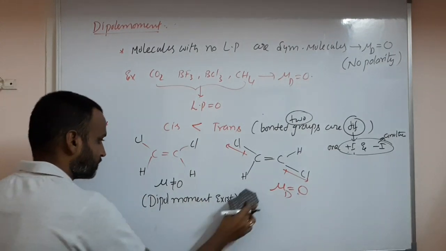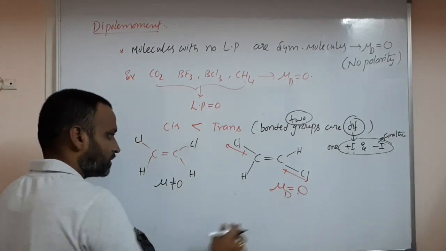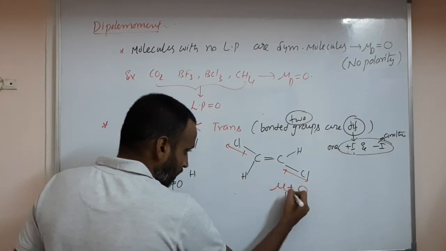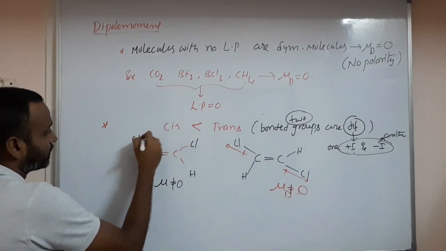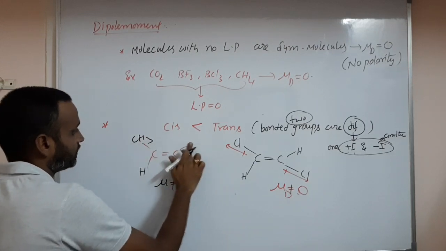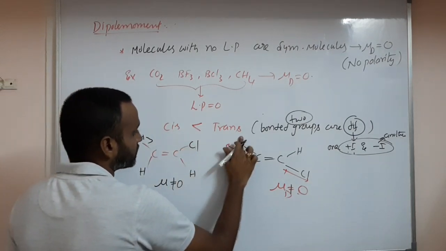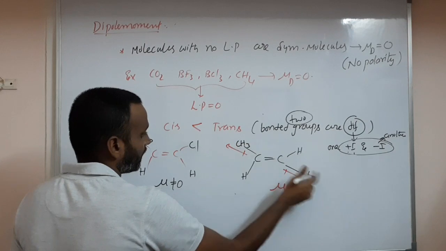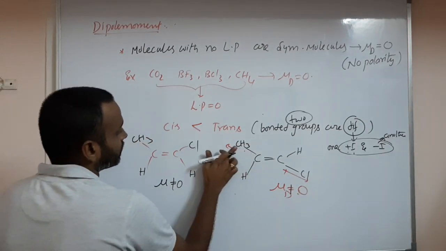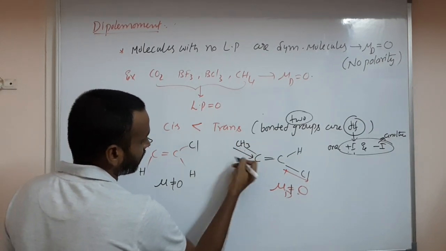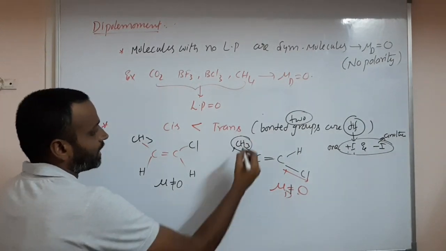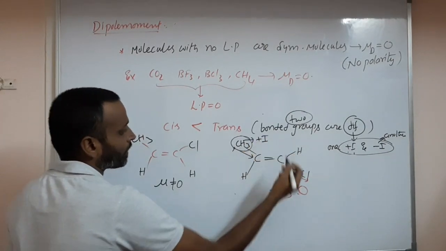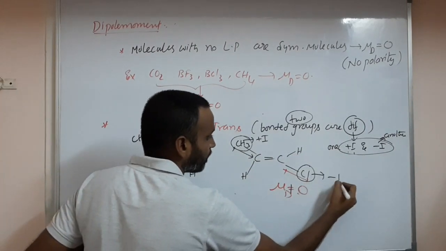This I told you many times. In this, dipole moment is 0 in one case and not equal to 0 in another, but when one is methyl and another is chlorine, now this arrow is towards carbon. Why? This methyl group is a plus I group, and this chlorine is a minus I group.